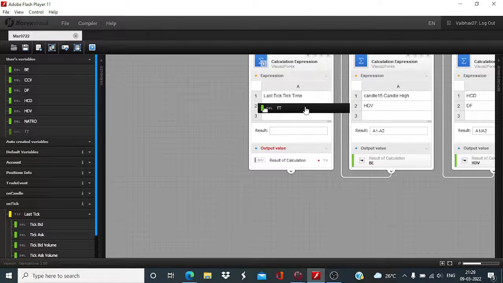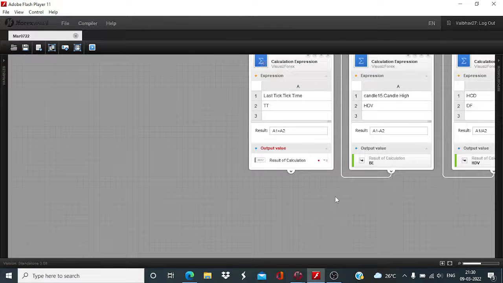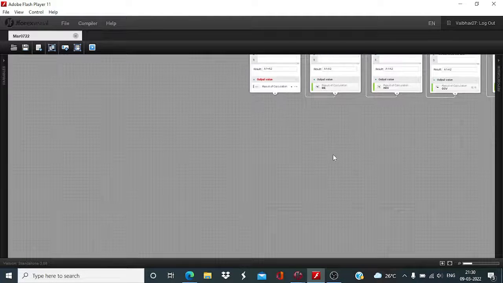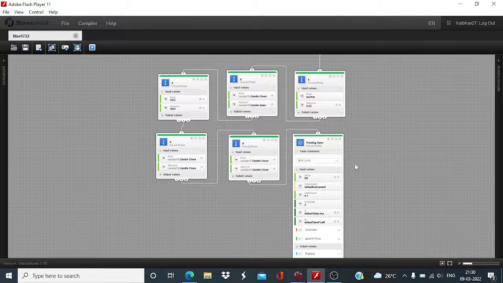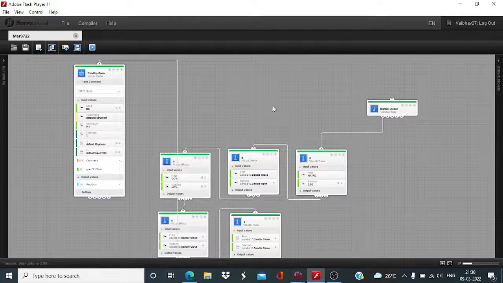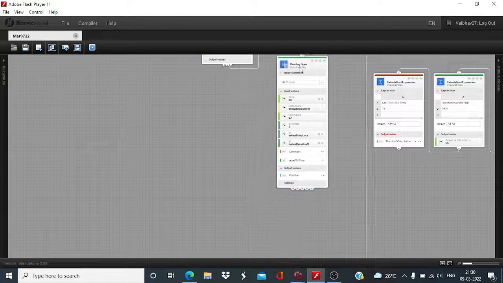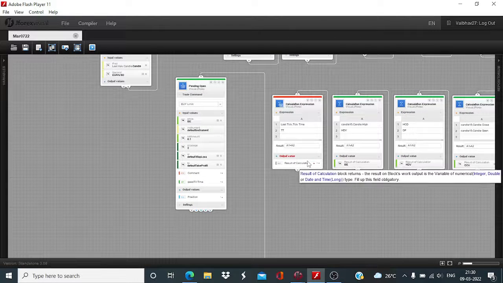So here it comes, and as per the Excel convention, we have to do A1 plus A2, and we have to be careful while defining this output value. The data type needs to be long. So for that, I will create the variable in this trade command block and then assign it the value of this result.